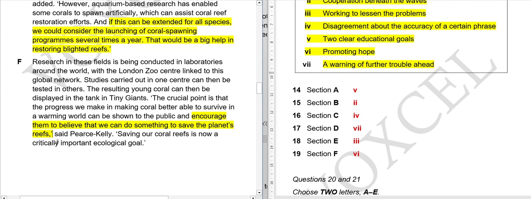So here they are promoting this hope that they will be able to save the planet's reefs. So there is some sort of encouragement, they are giving hope. So, encourage them to believe. If somebody is encouraging you to believe in yourself, they are giving you hope, they are making you optimistic. So this is the location of our question number 90. I hope it is clear.